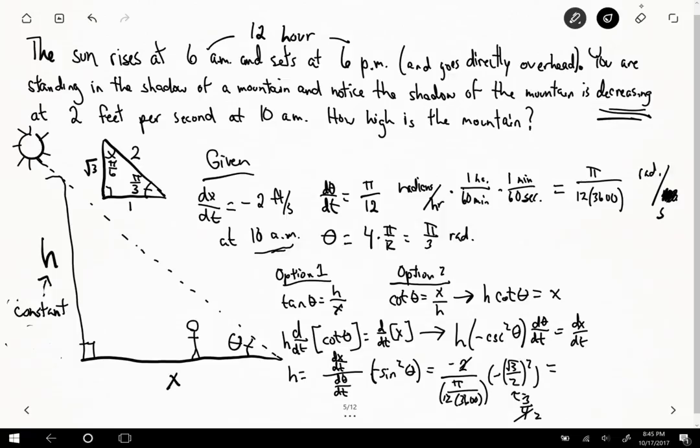And so we'll have 12 times 3600 times, what do we have here? We have a 3 and a 2, 3 here, 2 here, pi there. And I think we're in business today. Just double checking the arithmetic there, making sure we cancel things off correctly. So yeah, that should be pretty good to go.